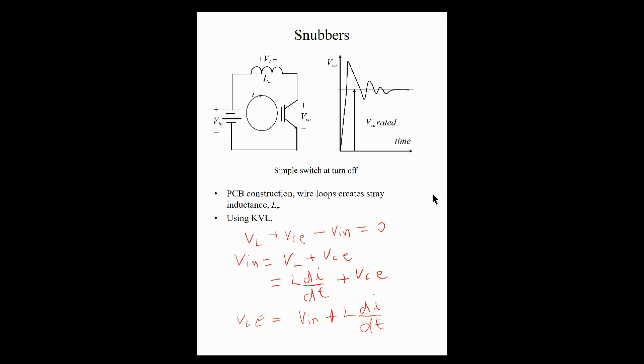Remember what we have been showing here is that whenever devices switch from off to on or on to off, then you're going to have changes in the voltage and current. In the case of the real switch, when we switch from on to off, there's a high voltage across the switch.